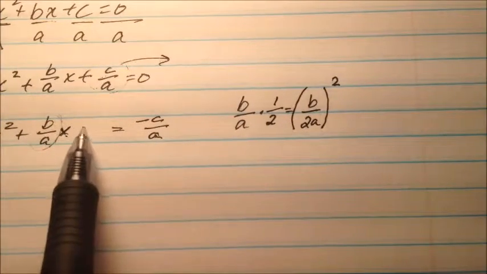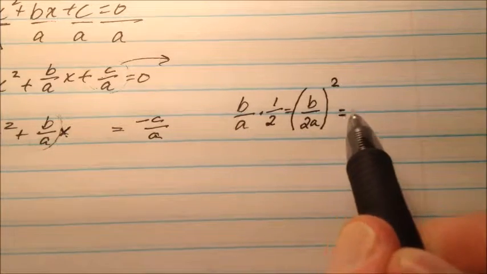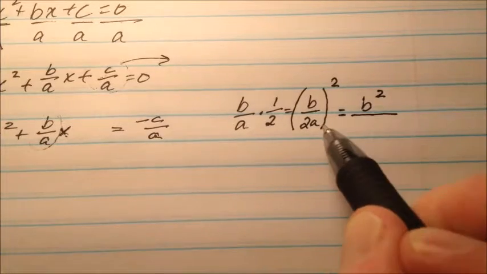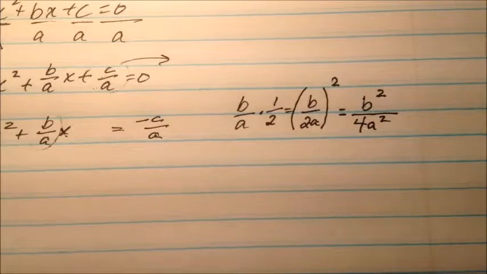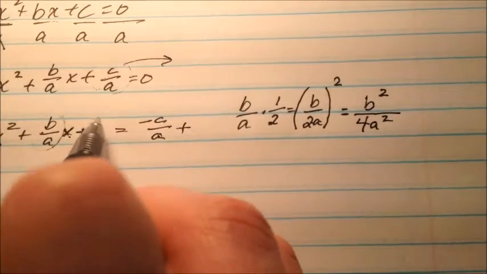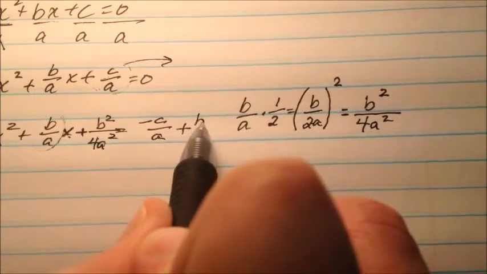But whatever I do to the right side, I've got to do to the left side. So I'm going to add this b over 2a term that's being squared, which if we simplify it would be b squared over 2 squared is 4, and a squared is just a squared. So I'm going to add to both sides this b squared over 4a squared term.